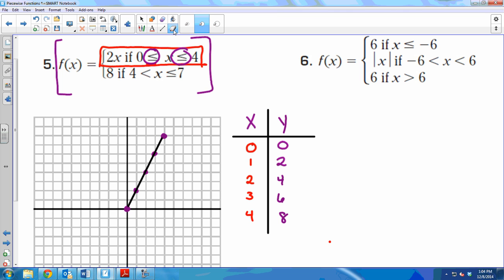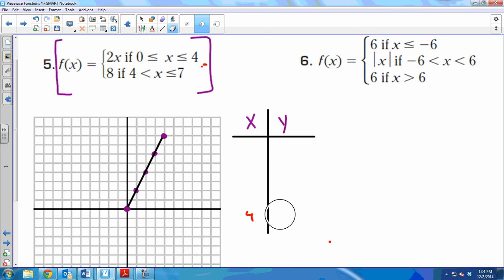Okay. For the second interval, you don't have to, but I'm going to make a table anyway, just so that everyone's on the same page with me. It says y equals 8 if x is between 4 and 7. Now, I know it says it's not equal to 4, but you always need a starting point. So you're going to use that 4 anyway in your table.